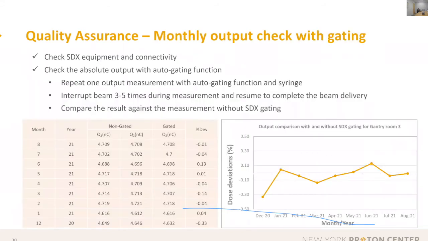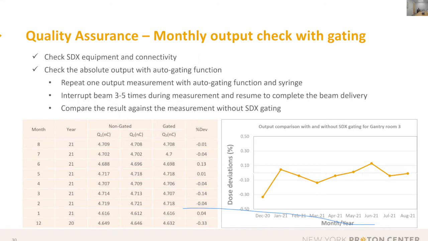Besides the daily QA, we also built this into our monthly machine QA. We check the SDX equipment connectivities. One of the reasons is that the daily QA for SDX is generally carried out by therapists, and for monthly QA we want a physicist involved, to have an independent check of the SDX equipment quality and connectivities.